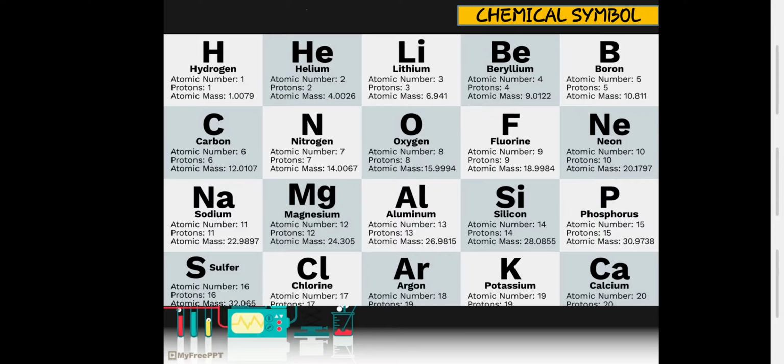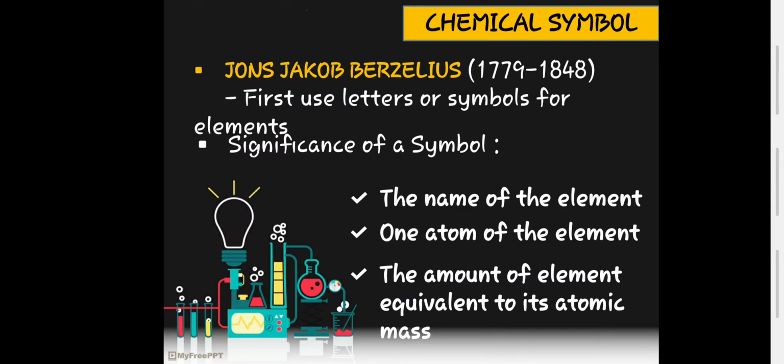Always remember that the protons are equivalent to the atomic number of an element. For example, in hydrogen, if the atomic number is 1, the protons, or the positive charge, is also 1.